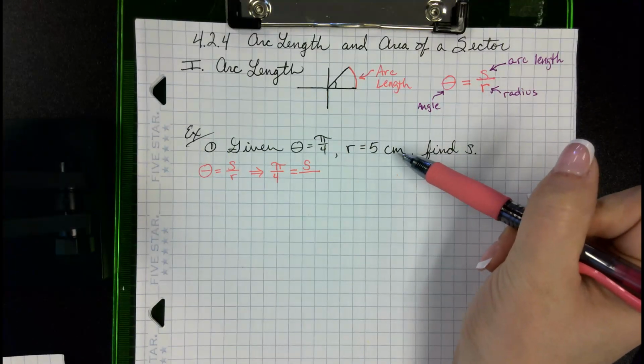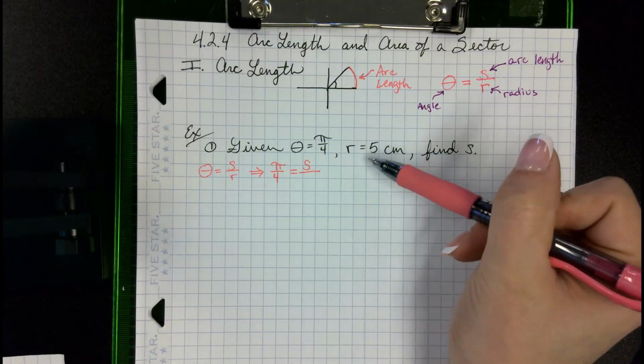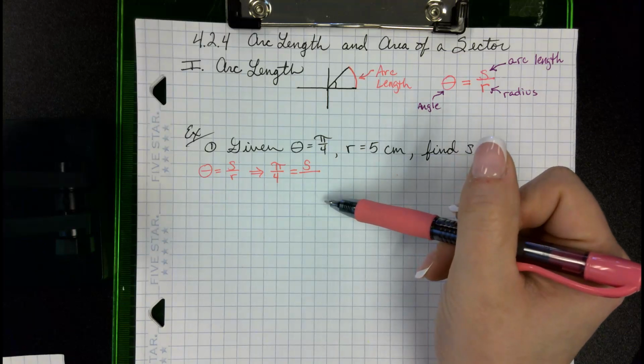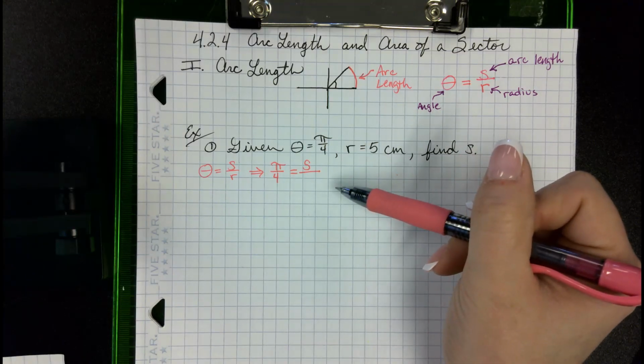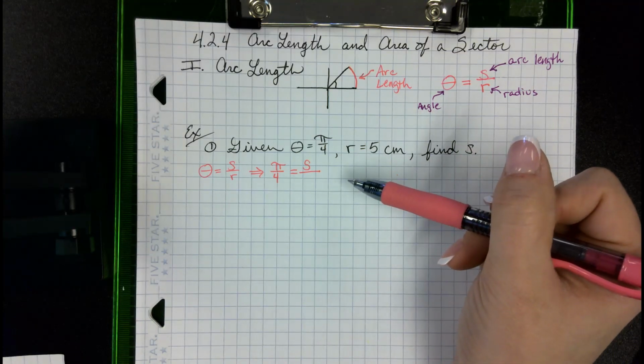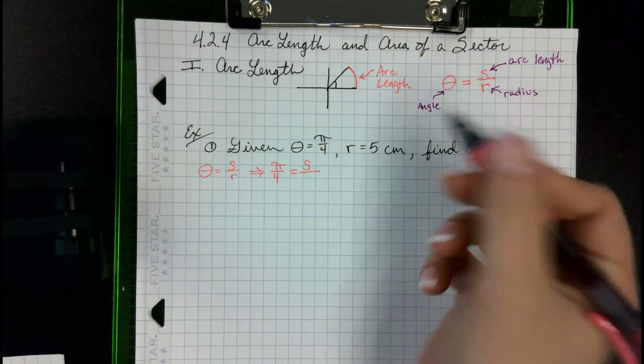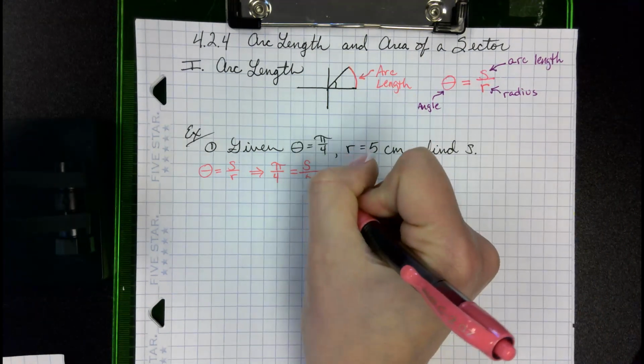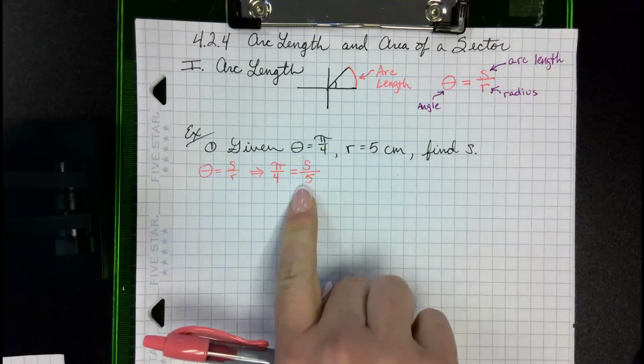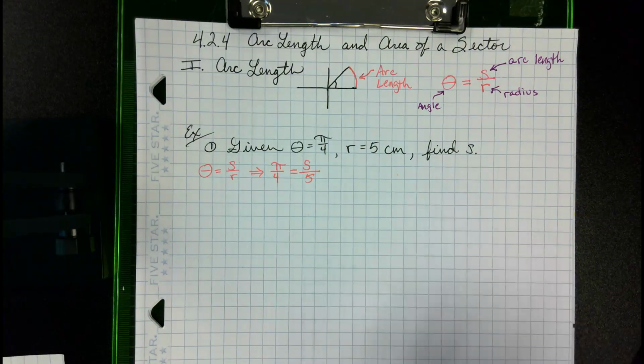You can include the units with the 5 when you do your calculations. I prefer to figure out my units separately and then not move them around inside my equation. So I like to just take the number part 5 and know that's 5 centimeters. And I know that arc length is also a linear measure. So I'm going to need some units on my final answer.